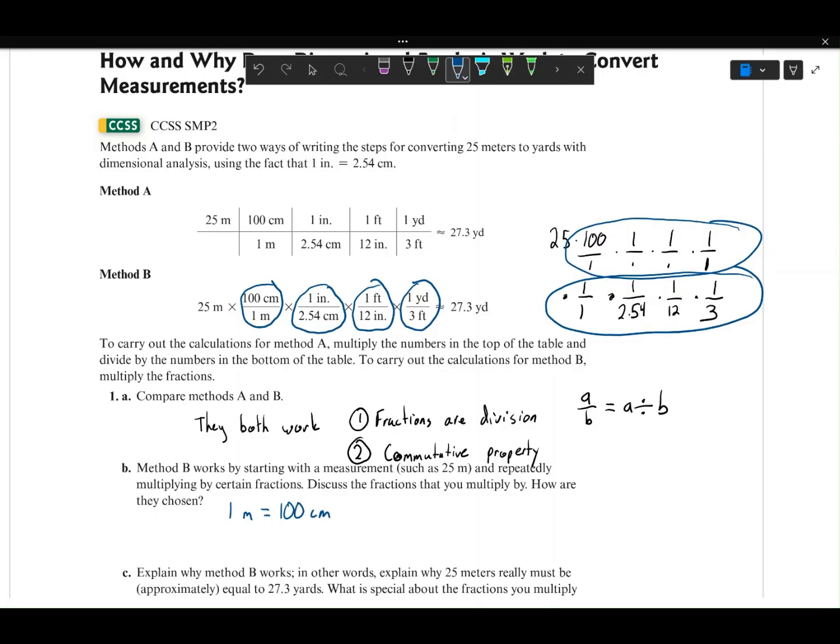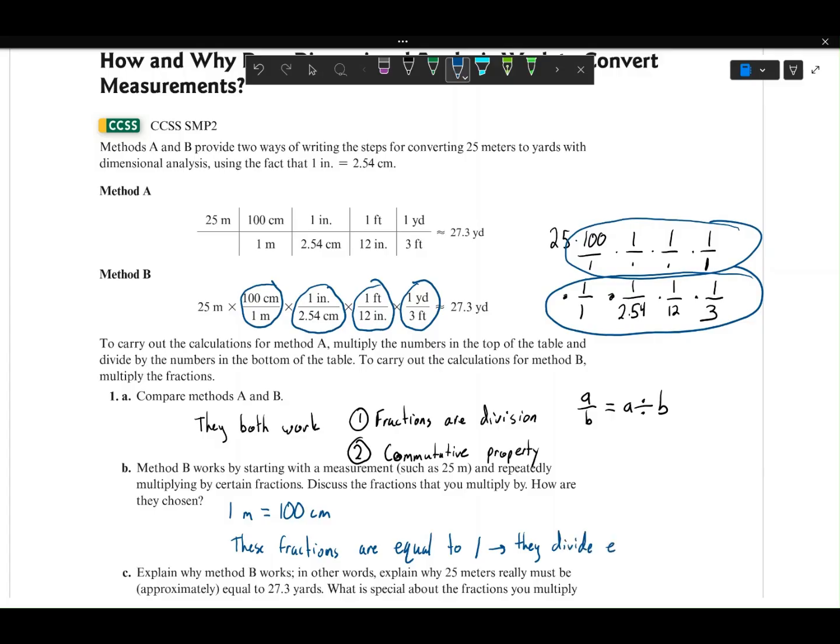In terms of value, in terms of changing the length of an object, these fractions are, in a sense, equal to 1 because they divide equal things.